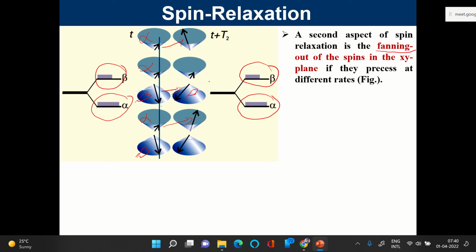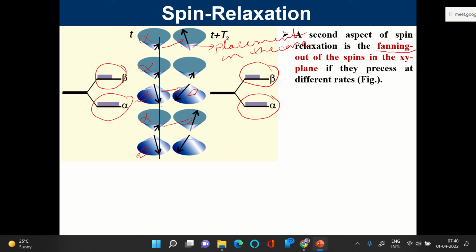So what we are showing here is the placement of the vector on the cone has changed, right?